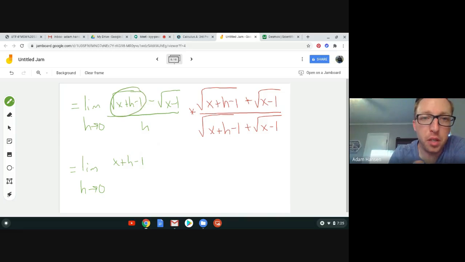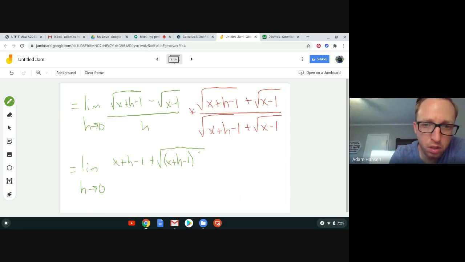The square root of x plus h minus 1 times the square root of x minus 1 is going to be plus the square root of x plus h minus 1 times x minus 1. Multiply the two inner terms, minus the square root of x plus h minus 1 times x minus 1.